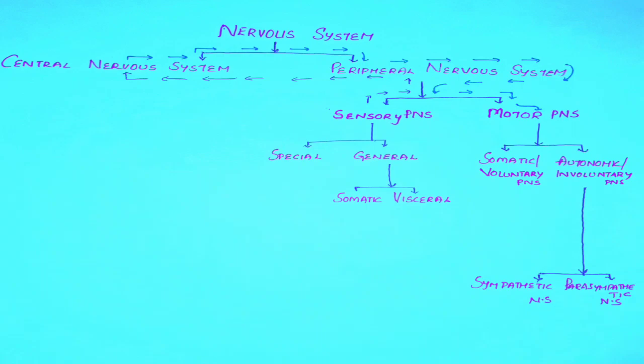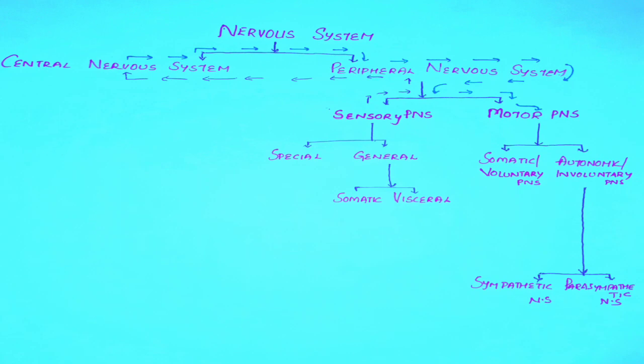Peripheral nervous system is again divided into two parts, sensory peripheral nervous system and motor peripheral nervous system. Sensory peripheral nervous system is taking the sensory information to central nervous system, and the motor peripheral nervous system is bringing motor response from central nervous system.